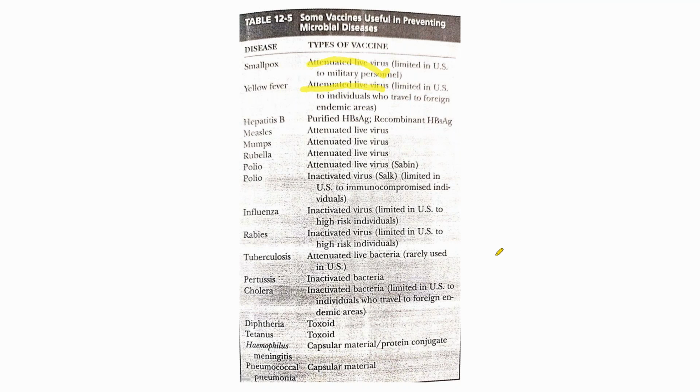Do you have any idea about vaccine production? How will we inactivate a virus? It can be avirulent, but it has a similar antigenic structure. For example, there is a route of entry for any virus. For our coronavirus, the route of entry is the respiratory system.